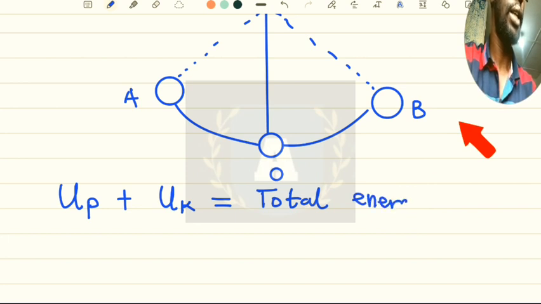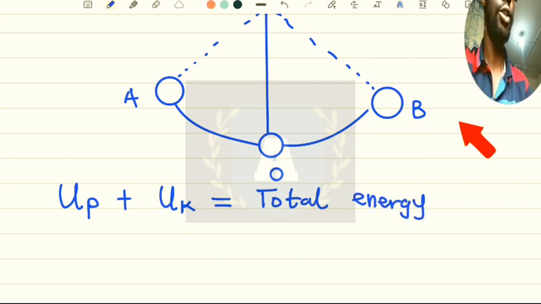So which means that the 100 joules of energy is not lost. This is potential energy, this is kinetic energy.